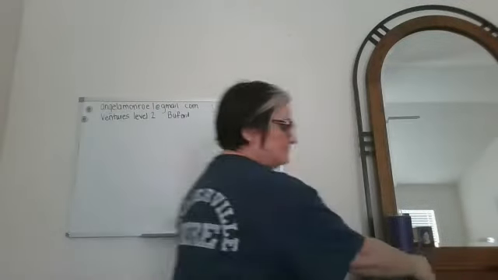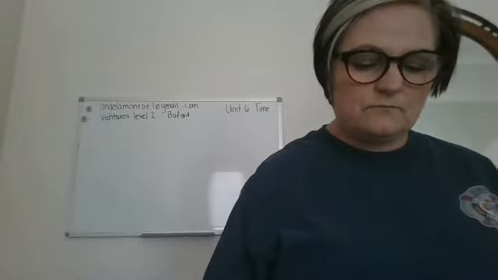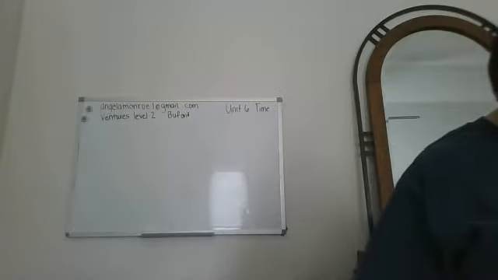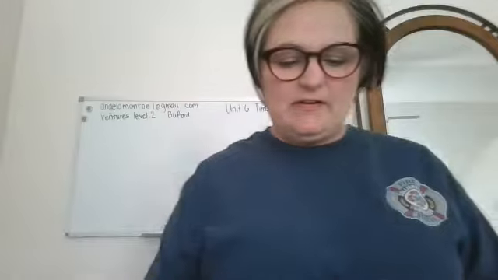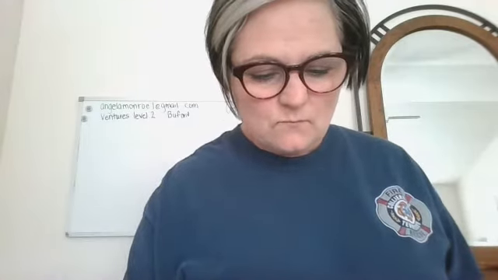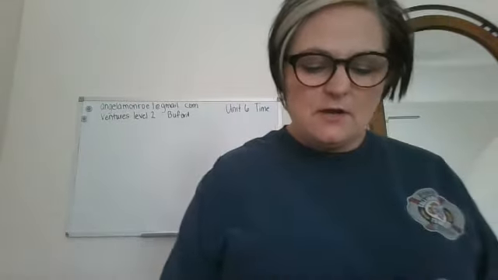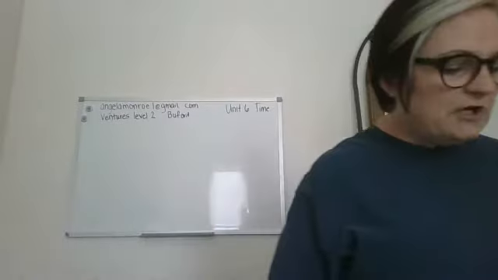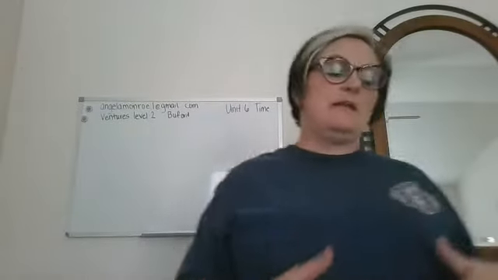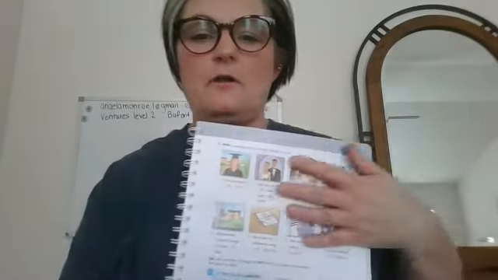All right. So now go ahead and turn your books to page 75. And let's look at the pictures at the top of the page. Okay, so we're going to talk about a person named Anna. Right here, all these pictures.